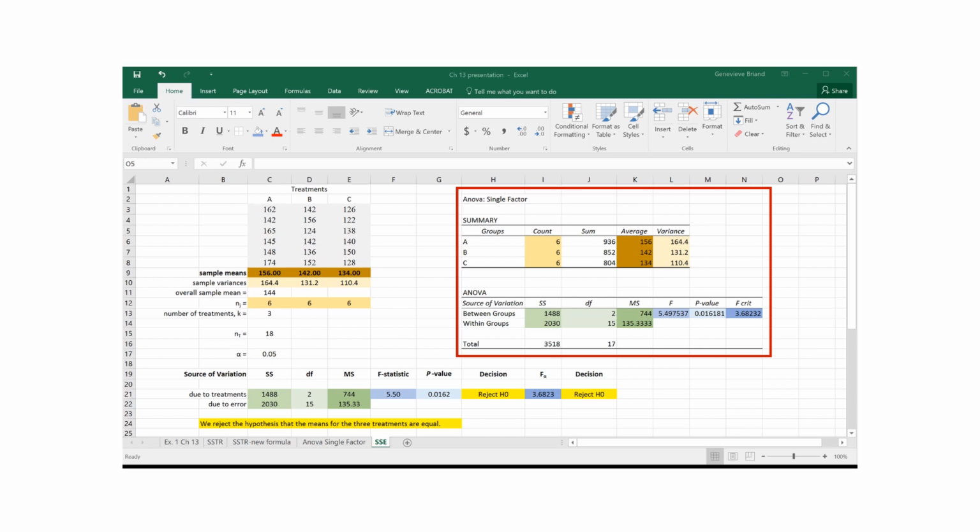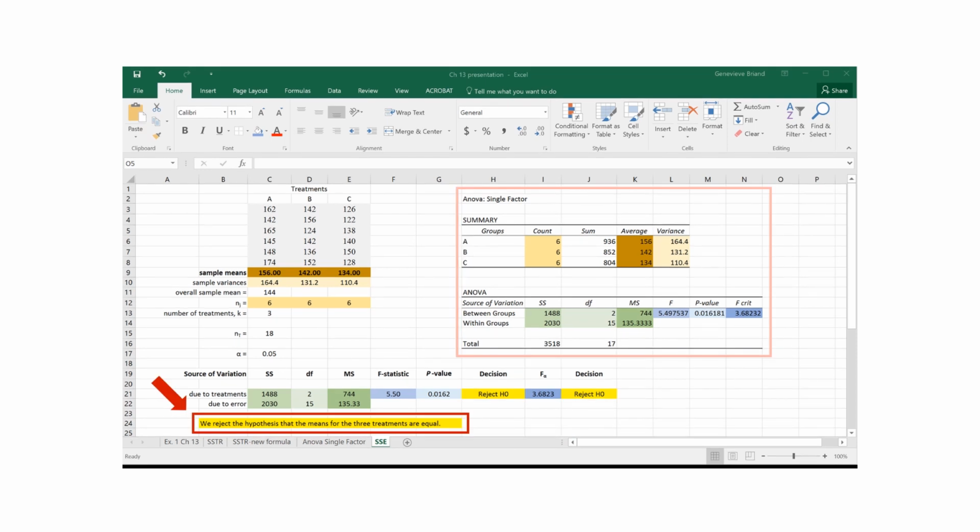So if we compare the two, the table we constructed and the ANOVA table automatically generated by Excel, we can see that the built-in ANOVA analysis tool gives us the exact same result. We took the time to understand how to compute it. We did add the interpretation or decision cells outlined here in yellow.